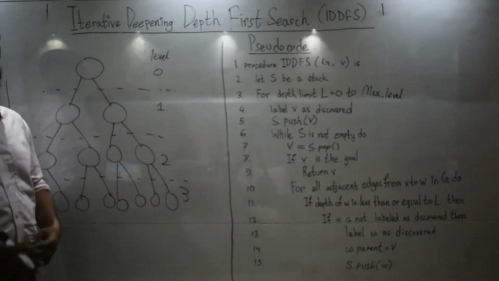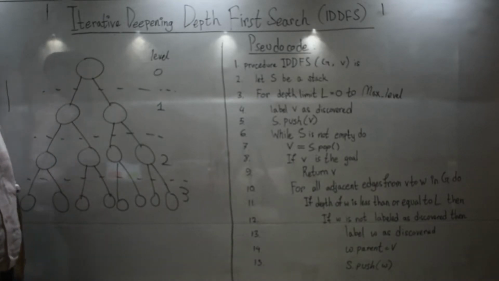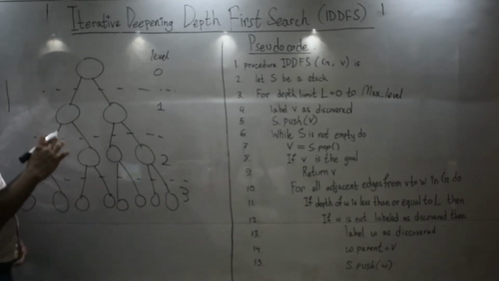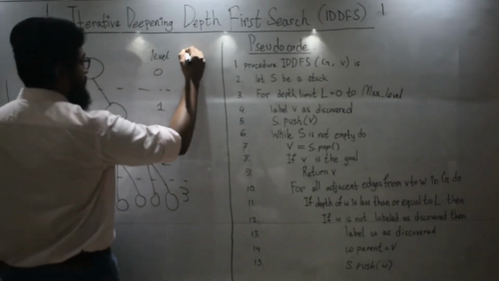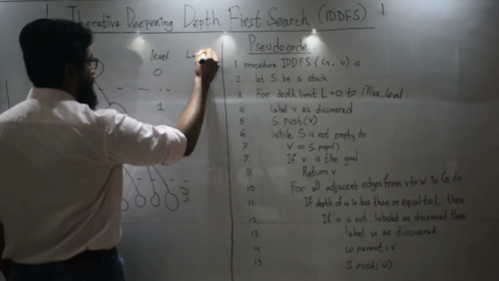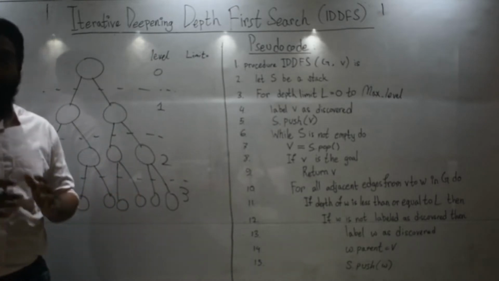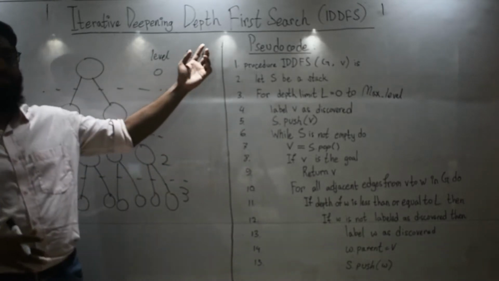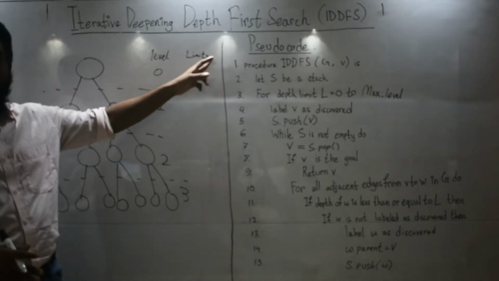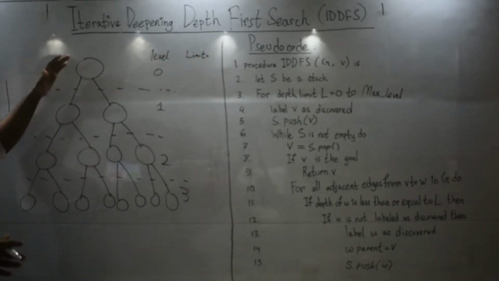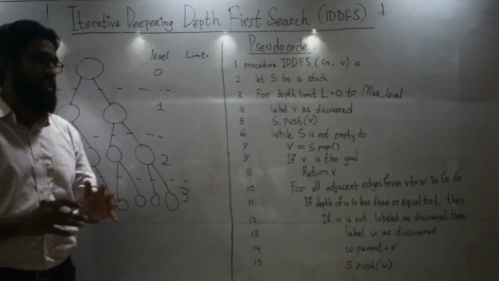Okay, so in iterative deepening depth first search, at first we will have to set the limit, basically the depth limit. In the previous video, the depth limit search, we had set a fixed depth limit, and according to that set depth limit, we had traversed our graph or tree using the depth first search logic.